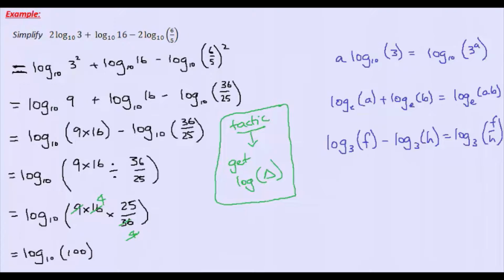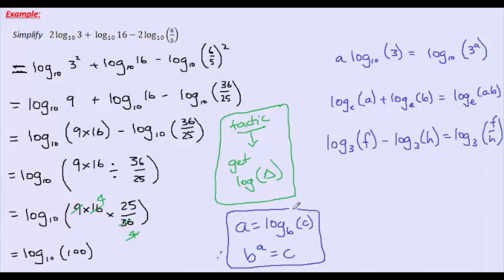And now there's only one thing to keep in mind, and that is that when I have an expression like that, let's say I'm going to use letters A, B, and C again. If I have A equals log base B of C, what that means is that my base B to the power A equals C. This is the ultimate relationship where logs come from.